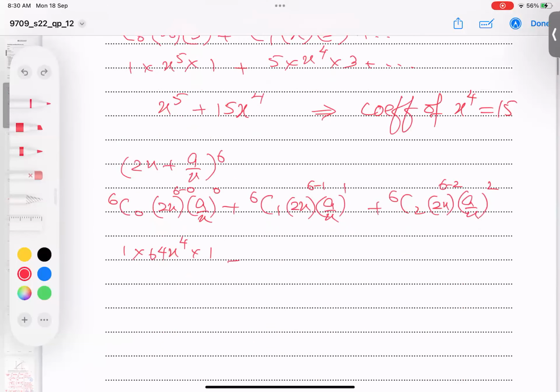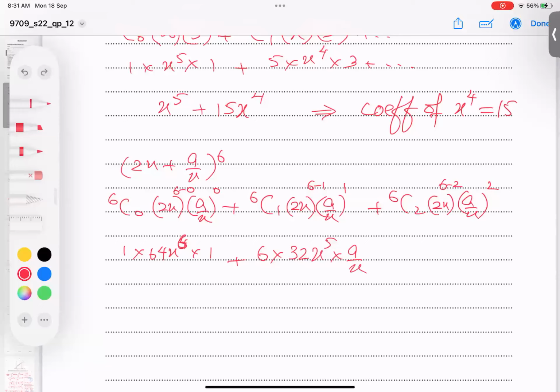So, what about this? 6C1 is 6, 2 to the power 5 is 32, and x to the power 5 is there as well, into a over x, and this cancels. I got x to the power 4. Wait a minute. Sorry, this is 6, because 6 is there, and I'm getting 4.